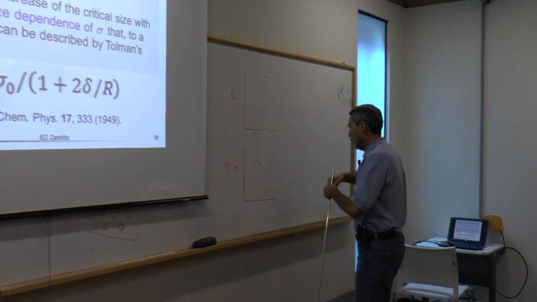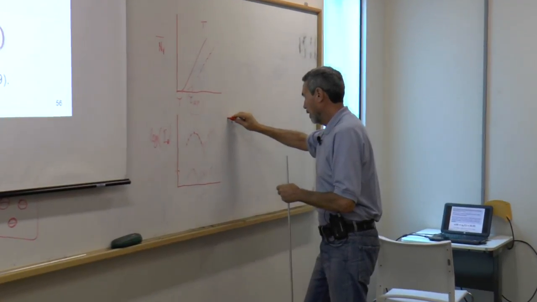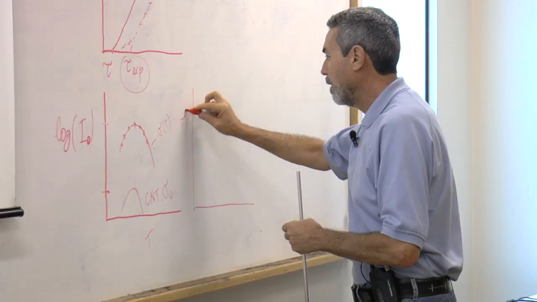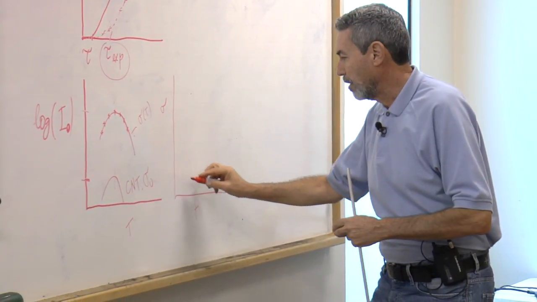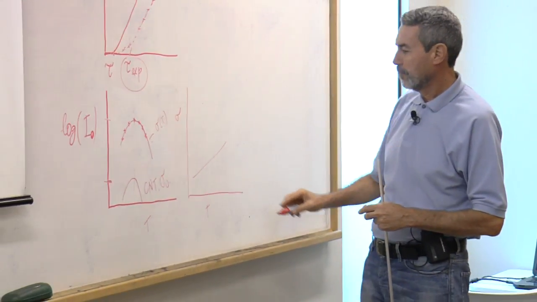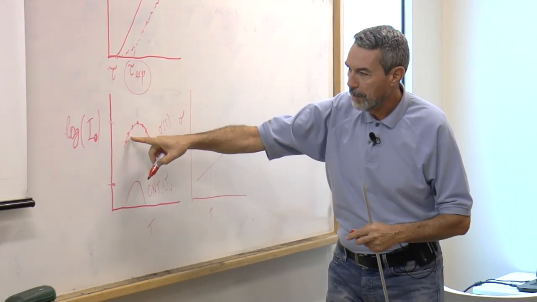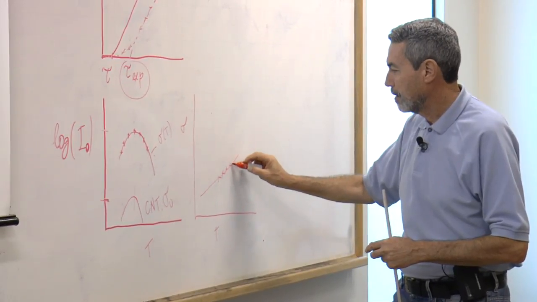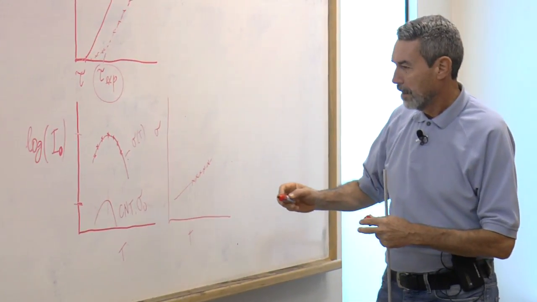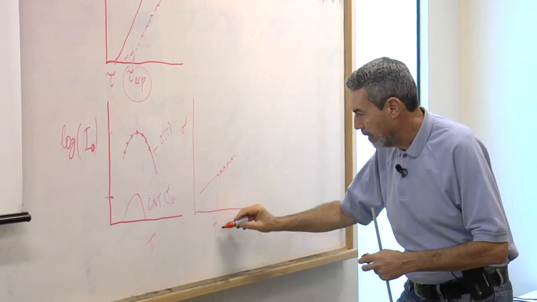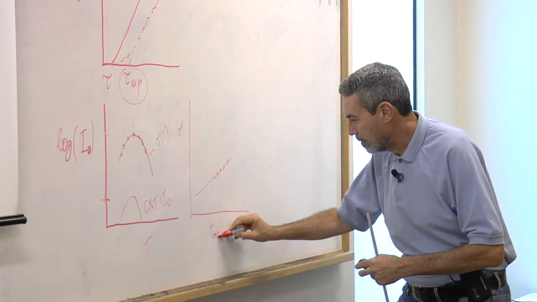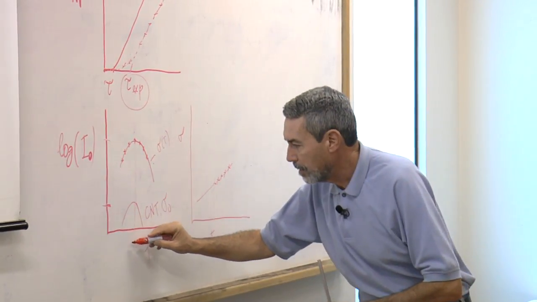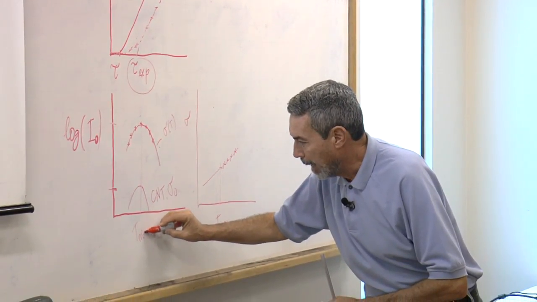We can now plot here the value of sigma versus temperature, something like this. This is sigma. This is what we get, if this is T max. This here, temperature here, is T max.